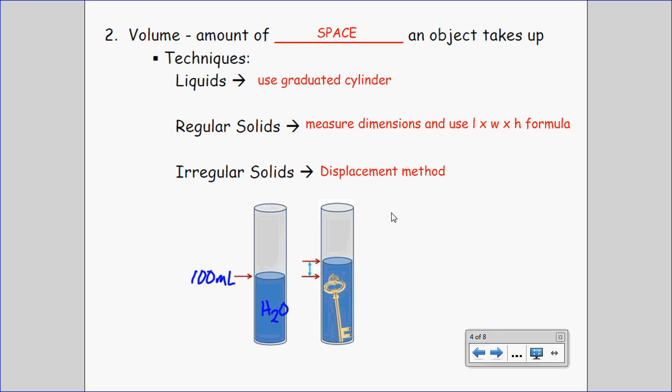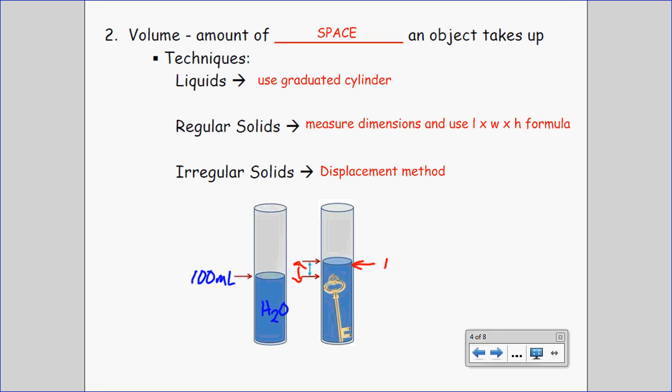Common sense, just like when you get into the bathtub, the water level rises. Well, when you put the key into the graduated cylinder, the water level rises. This difference here means that this number shows up at a different spot. We didn't add any more water, so we know that the water didn't change. So whatever changed the volume in this graduated cylinder must have been the object that you put in there.